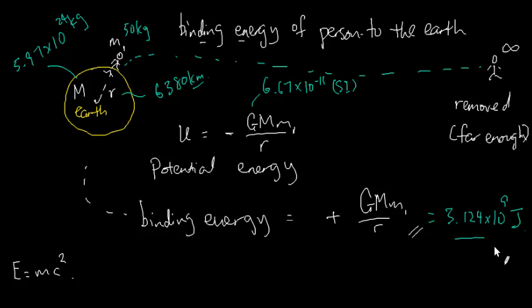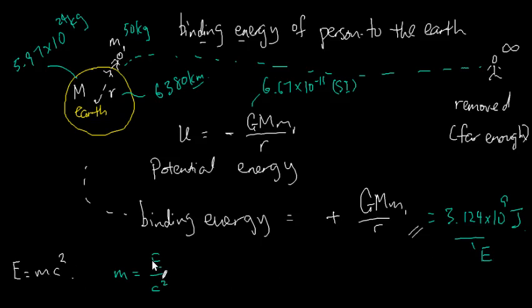So the question now is, what is the equivalent mass of this amount of energy? I can find that using E equals mc squared. That would be my E. So using E equals mc squared, I can rearrange that: m is equal to E over c squared.